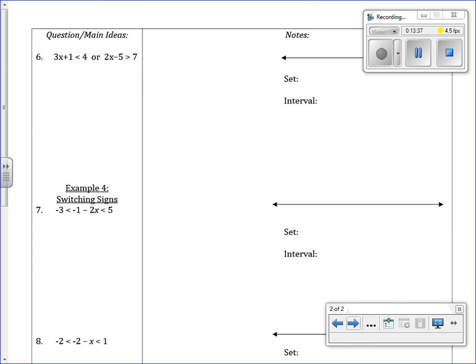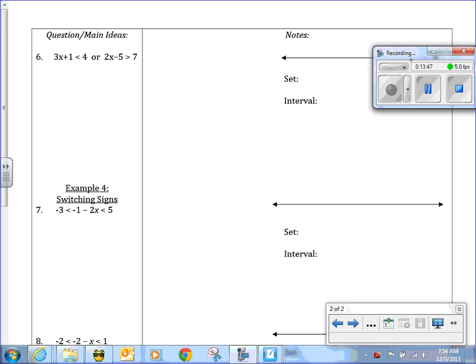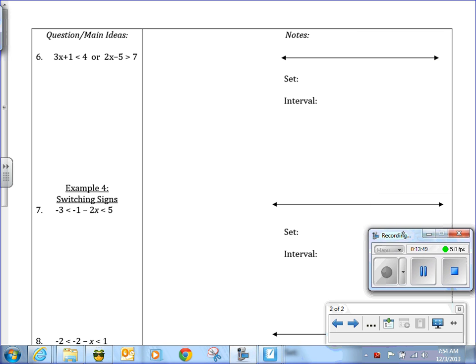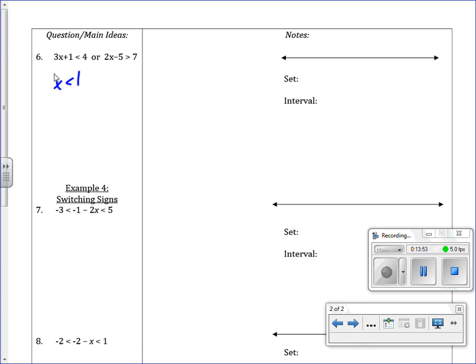Okay, so we have 3 more examples. Let's go ahead and knock these out real quick. For the first one, we're going to go ahead and solve it, and we end up with x less than 1, x greater than 6. Okay, so I graph it, double check my math please. 0, 1, 2, 3, 4, 5, 6, 7.